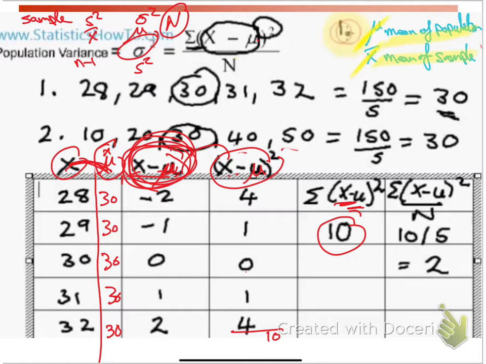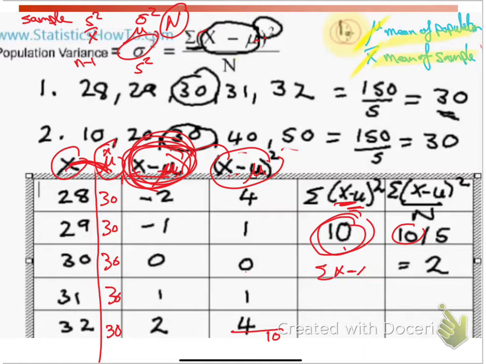Then we'll write the formula: the sum of x minus mu squared, or x minus x bar squared, divided by n.